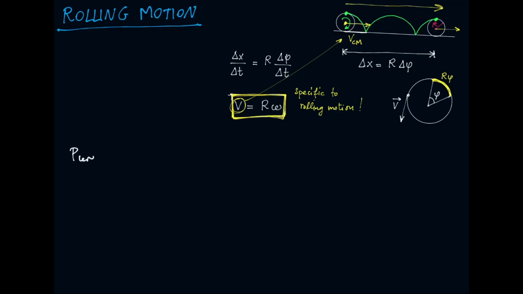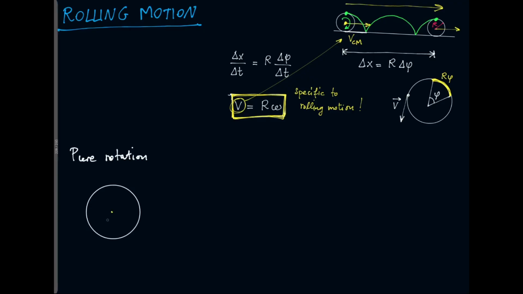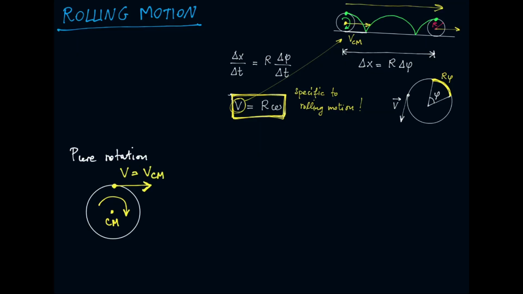So for, let's say, a pure rotation, what we have is a circle, and if you keep the center of mass fixed here, then imagine that this is your angular velocity, then a point here will have a velocity v, v_cm, namely omega r, and a point at the bottom, the one sort of touching the road, as it were, will have a velocity that's minus omega r. Nothing new, nothing mysterious here.